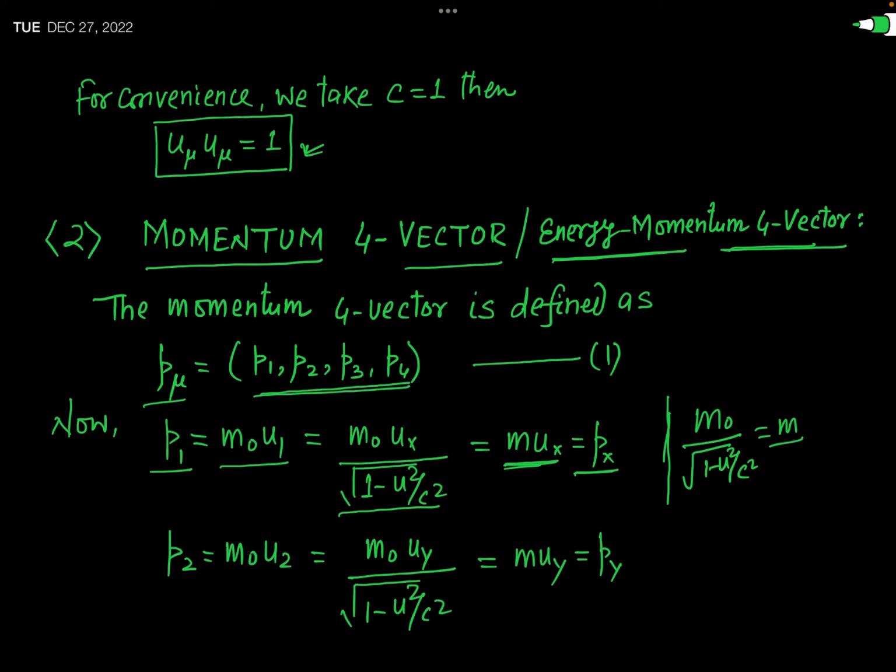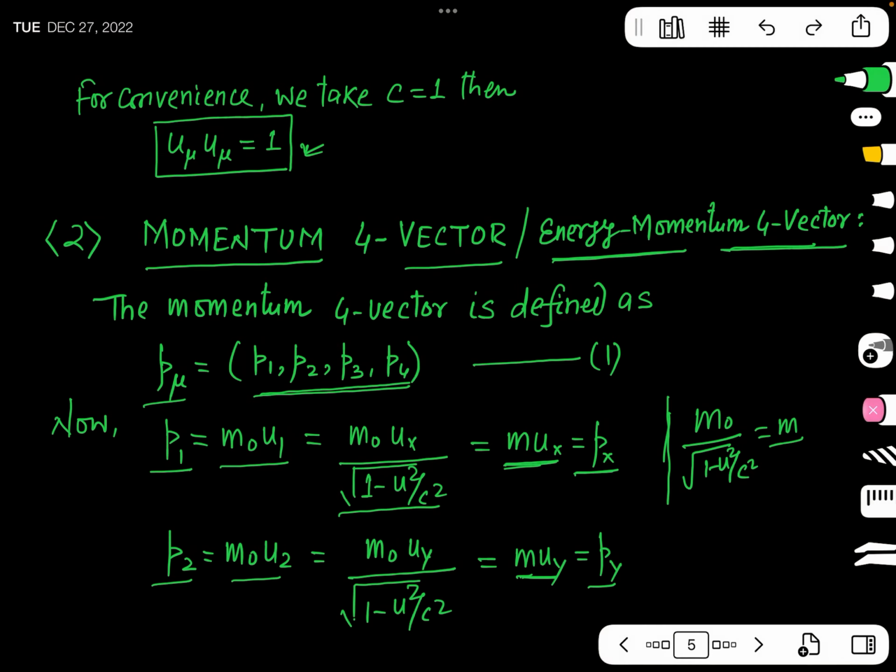Now, in a similar manner, you can find the value of the second component of this momentum four vector. This will be defined by m naught u2. Again, you have seen what u2 is: u2 is equal to uy divided by root over 1 minus u square by c square. And again m naught divided by root over 1 minus u square by c square is equal to m. So this is m into uy, and m into uy is simply the y component of the three-dimensional momentum vector, denoted by the symbol py.